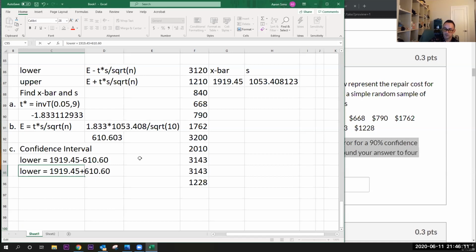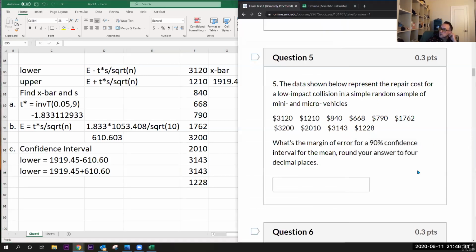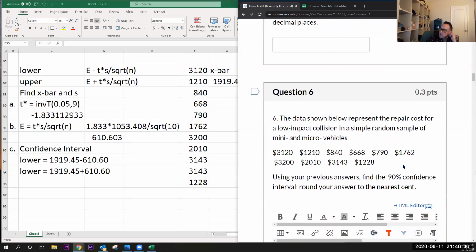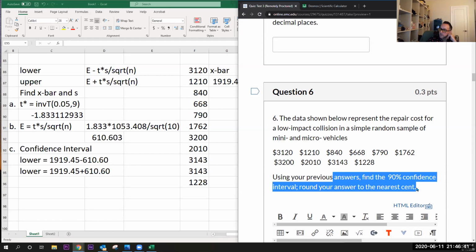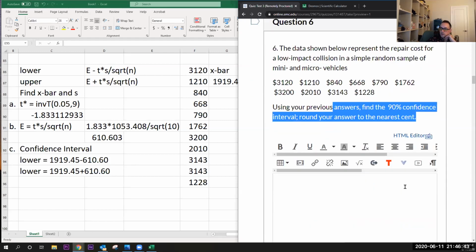So that's how you find the confidence interval. You have X bar as a point estimate, and then you subtract the margin of error, and then you add the margin of error. And there you have it. So that's what that was asking. It was saying find the actual confidence interval.